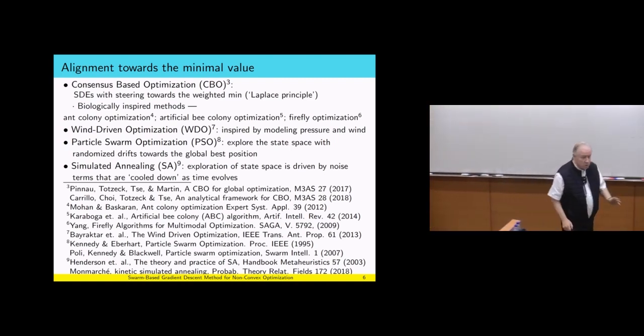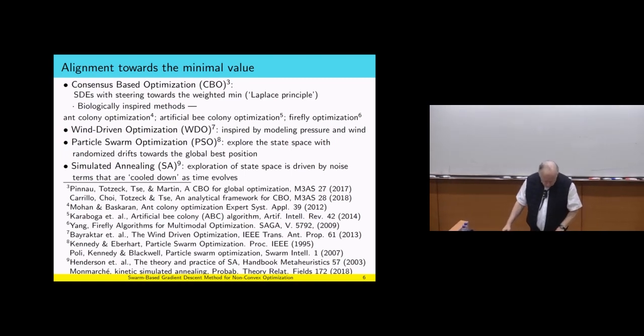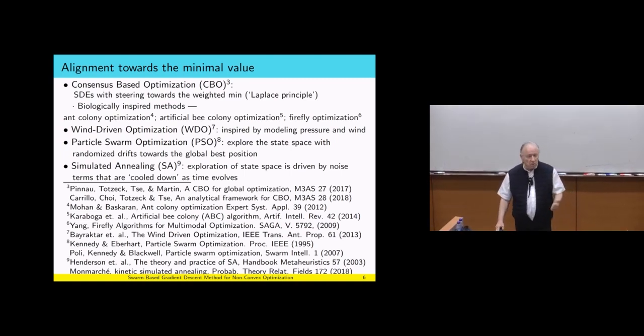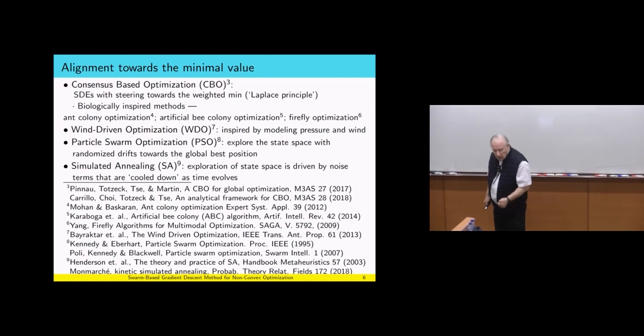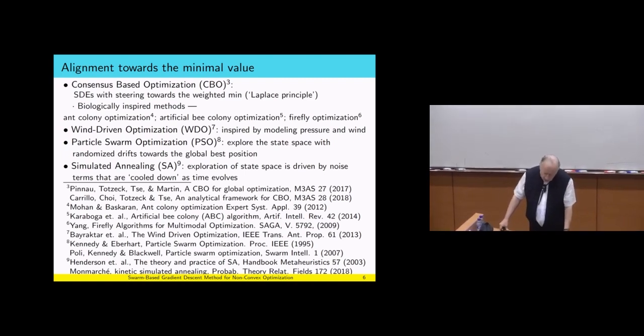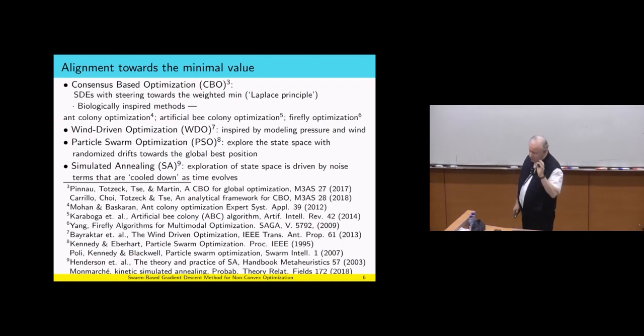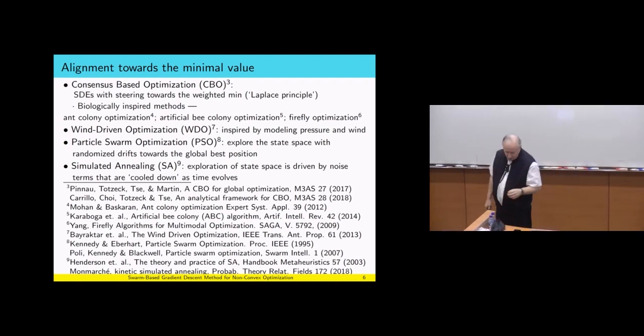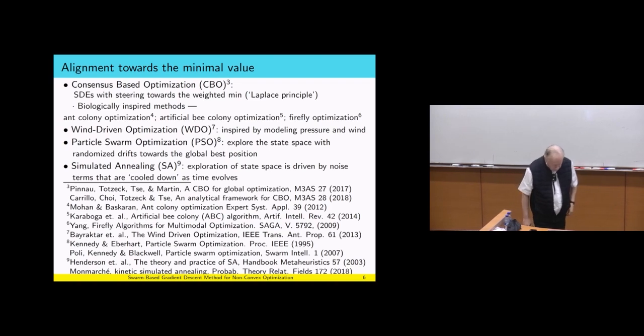The CBO, on the one hand, does not require the use of the gradient. On the other hand, it is a stochastic method. That is, it's not deterministic. And it's based on the Laplace principle, so you have to do a very important tuning with this parameter alpha.